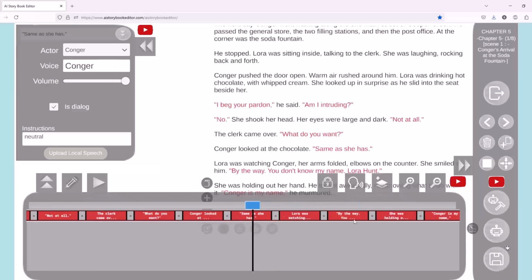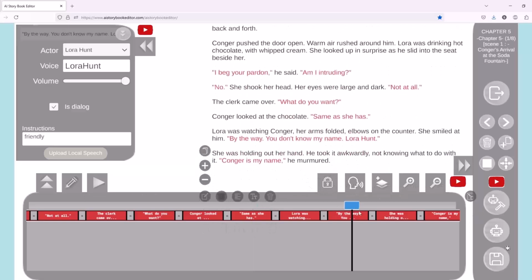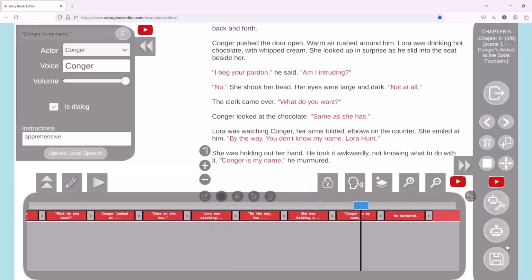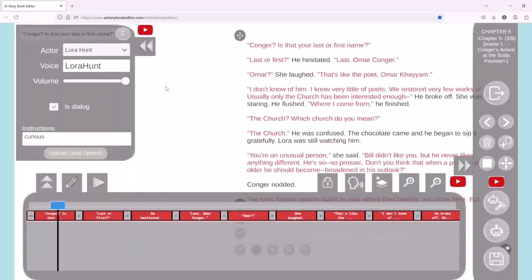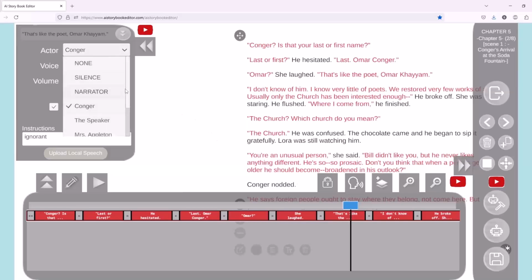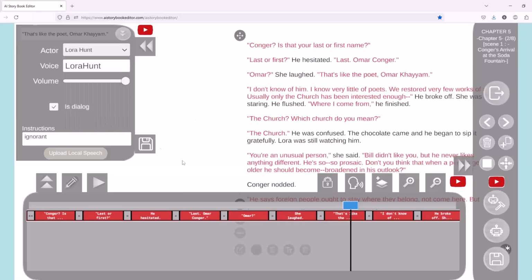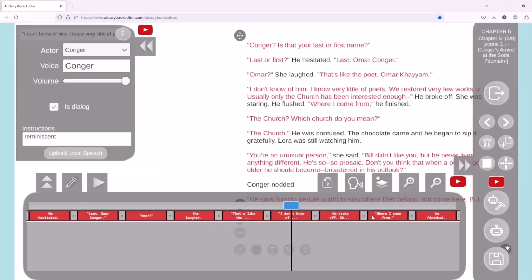Conger, Laura, Conger, Laura, Conger, and Conger. Omar, Laura, and Laura.